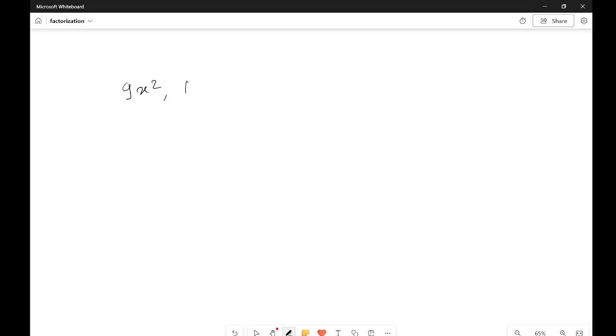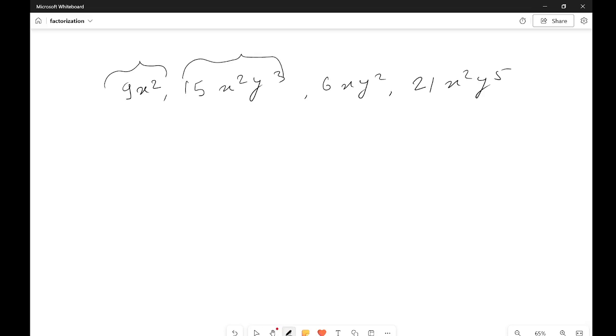Second expression is 15x squared y cube. Third expression is 6x y square, and fourth, let's say it's 21x square y power 5. So we have 1, 2, 3 and 4 expressions, right?